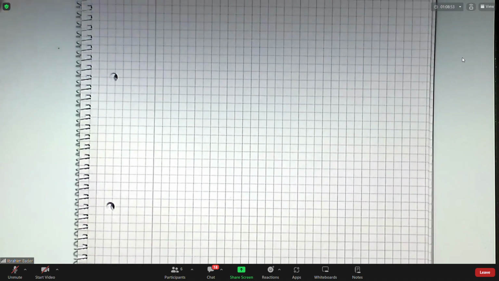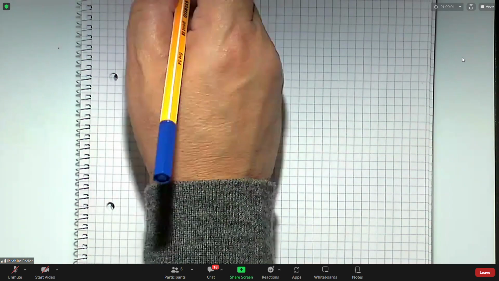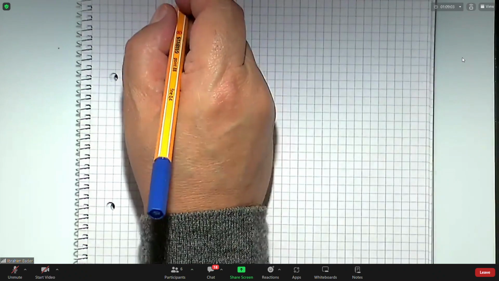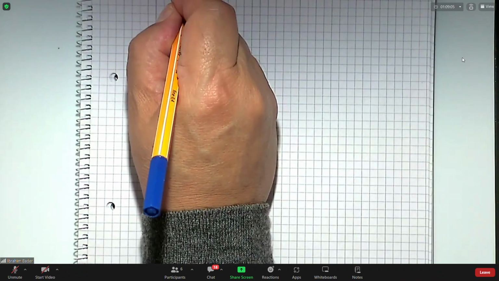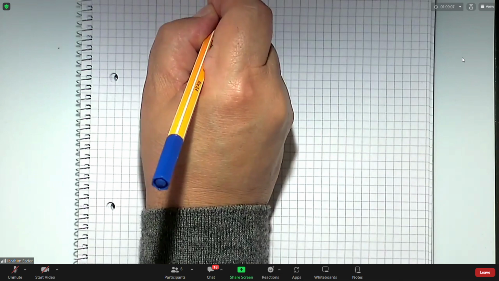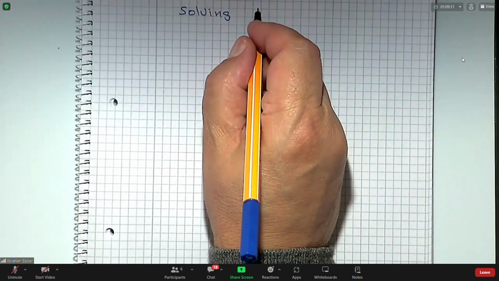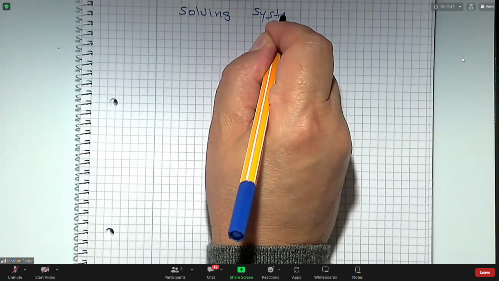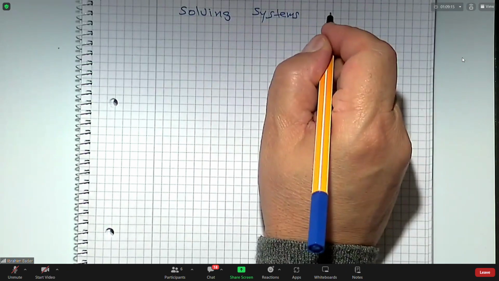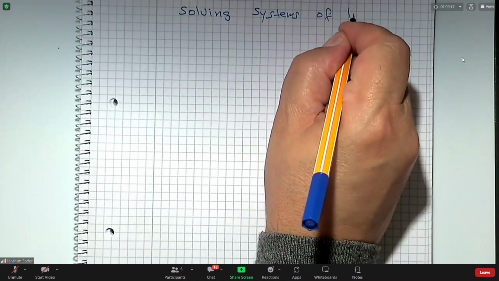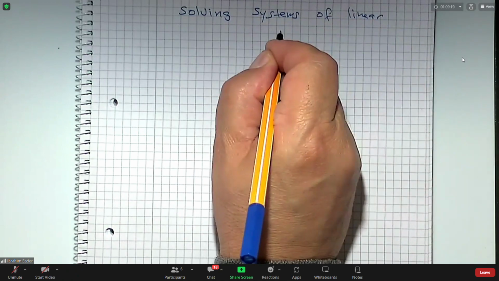What we learned throughout this chapter, this is actually the last lecture in this chapter. So what we learned so far is the following. We learned how to solve, which was the title of this chapter actually, systems of linear equations.